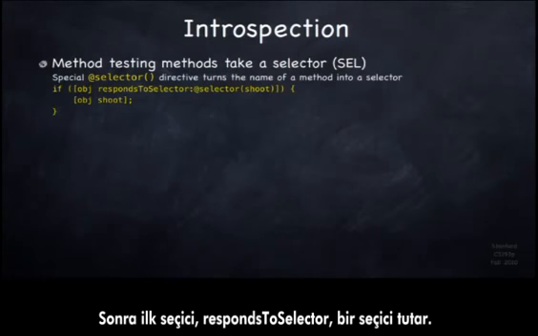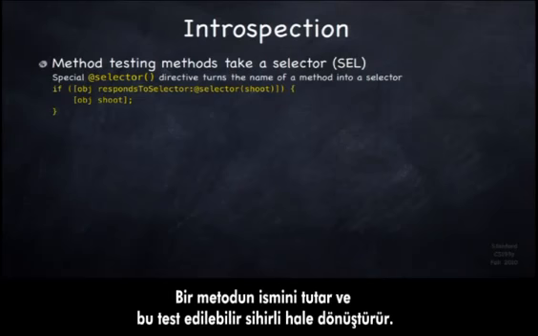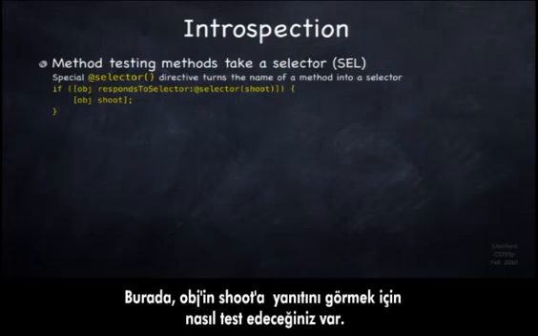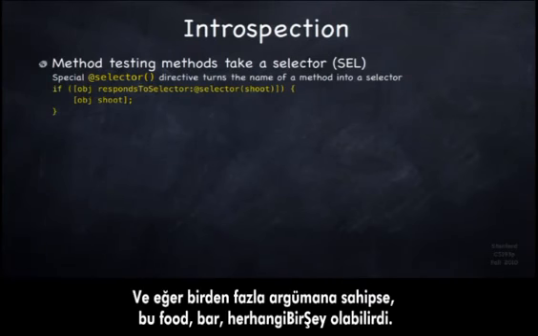Then the selector one, respondsToSelector, takes a selector. Selector is another special typedef, SEL, capital S, E, L, and it takes the name of a method and turns it into this magic thing that can be tested for. So here's how you would test to see if obj responds to shoot. You would say if [obj respondsToSelector:@selector(shoot)].